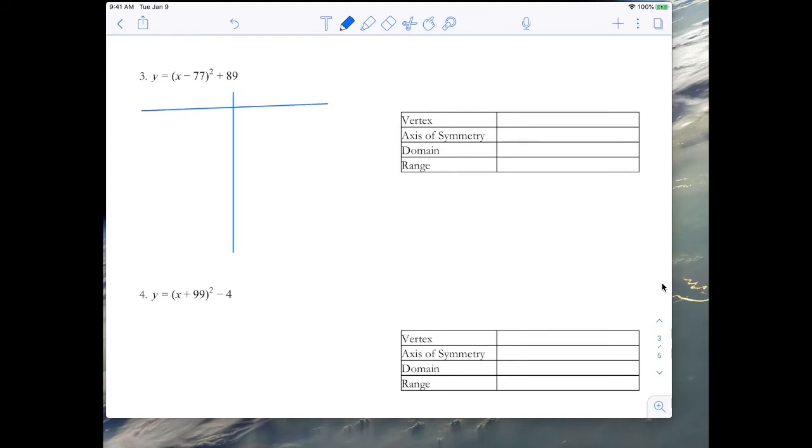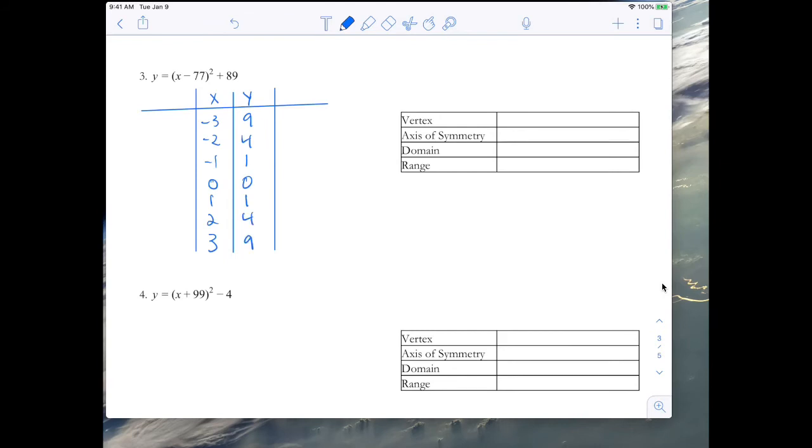So what I'd like to do is create a table with 4 columns, okay? And then I'd really like to start with that -3 in my x: -3, -2, -1, 0, 1, 2, 3. Most other teachers just start here at -2, and that's fine as well.